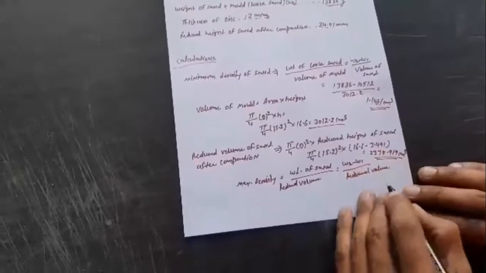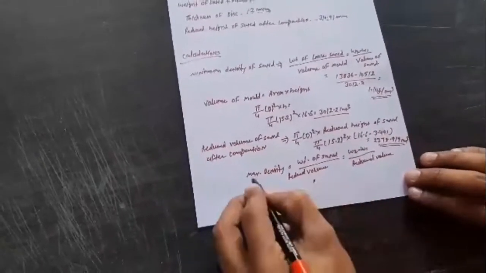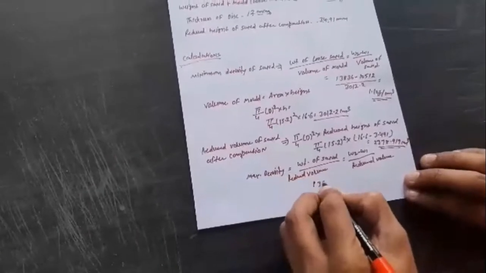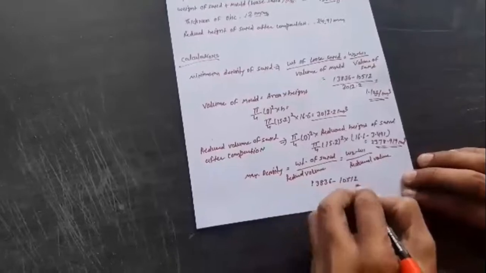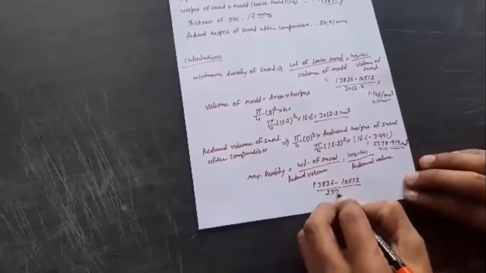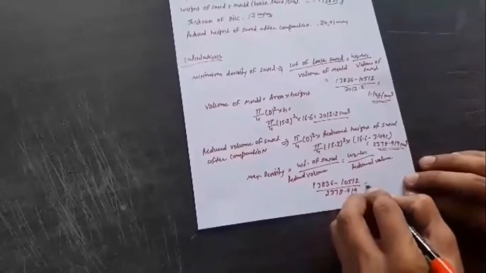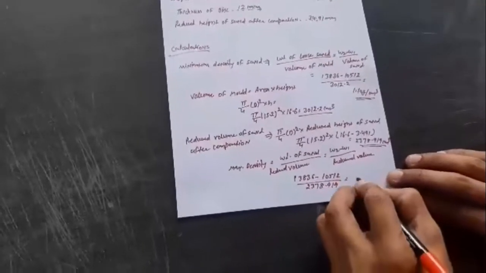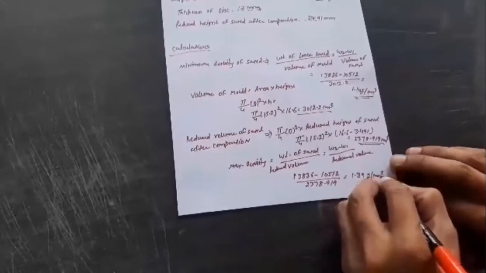Now maximum density is the weight of sand, which remains the same, divided by the reduced volume, and you will get the maximum density of that sample. It's coming out to be 1.39 gram per centimeter cube.